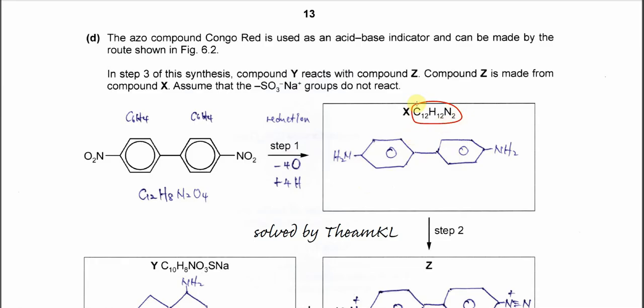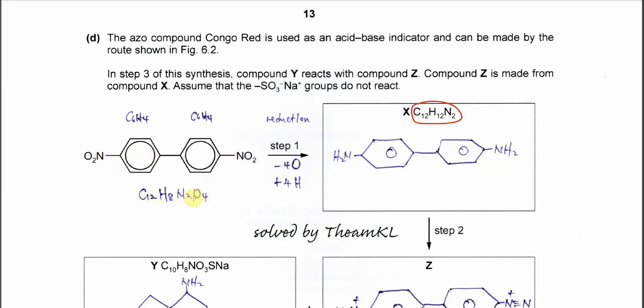So the first step is to get the molecular formula for the first compound. The benzene ring here is C6H4. This one is also C6H4. Now we have 2 nitro groups.